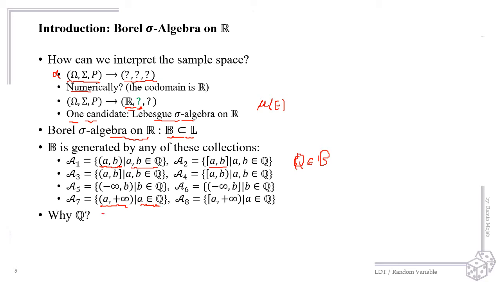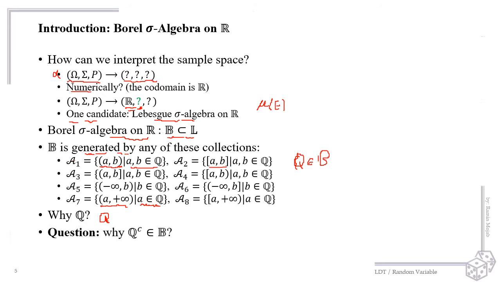Recall that Q is a countable set, and we want a collection of sets, and therefore we use Q here. And just by the definition of the generated sigma algebra, we need a countable set here.